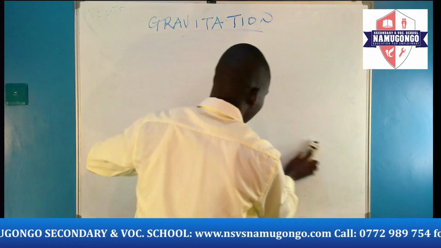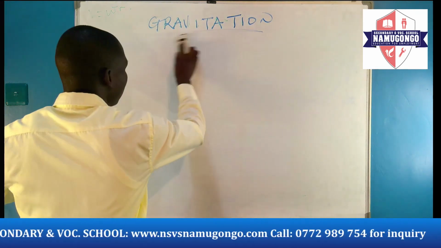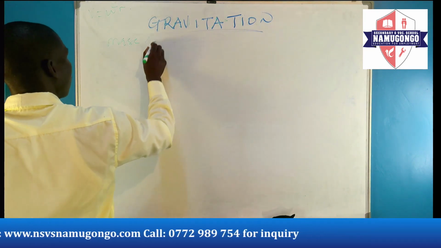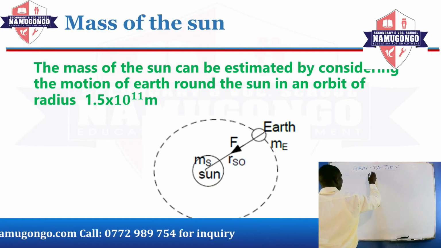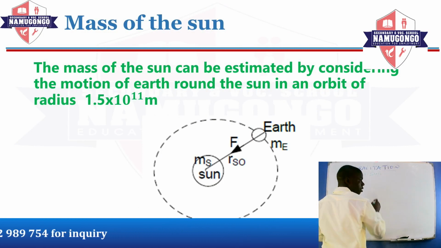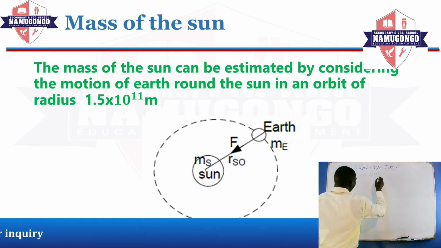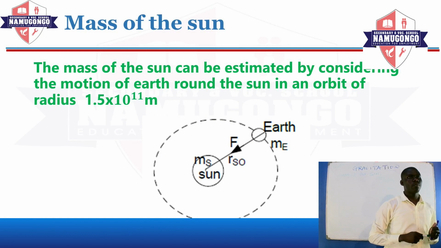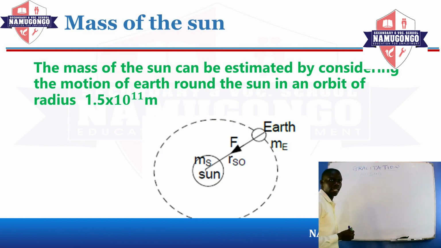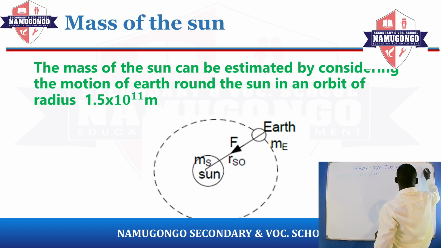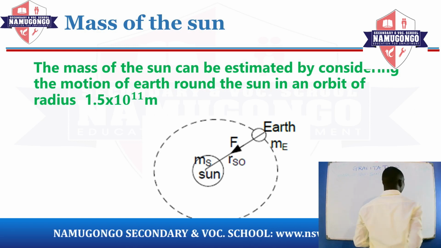So we are looking at the mass of the sun. For us to get the mass of the sun, we shall consider the motion of the earth around the sun in an orbit of radius 1.5 times 10 power 11 meters.